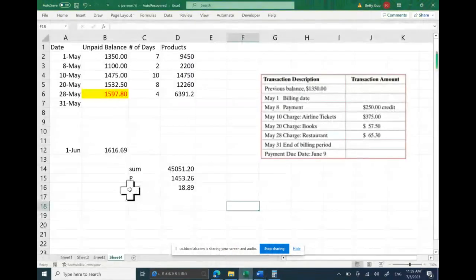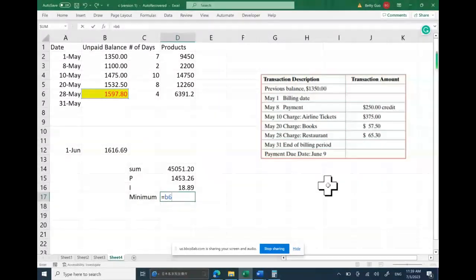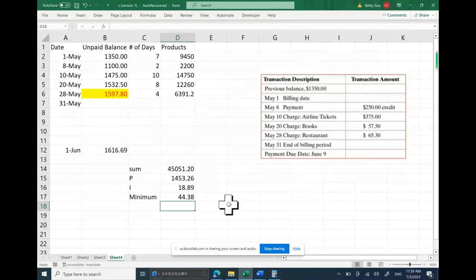Okay, let's do that. Minimum payment is going to be B6, the unpaid balance by the end of the billing cycle, divided by 36. So that's the minimum payment.